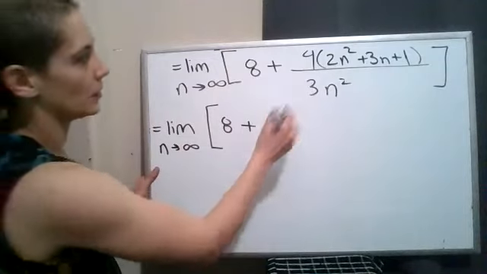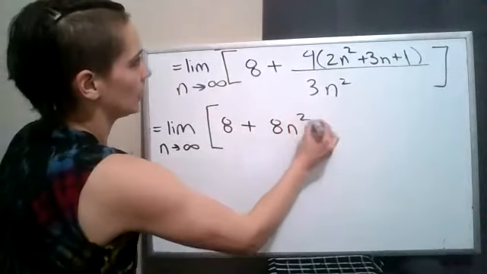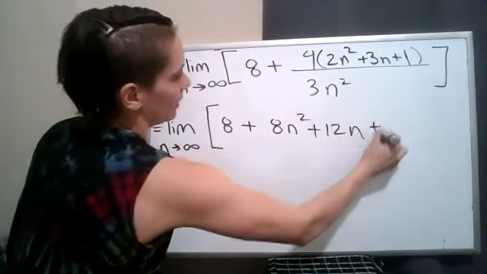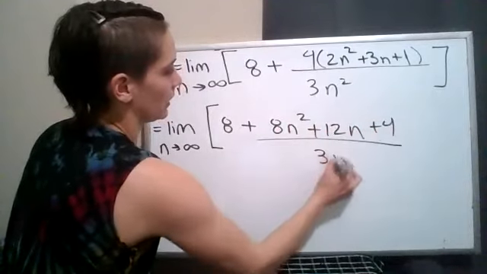Okay, so 8n squared plus 12n plus 4 is over 3n squared.